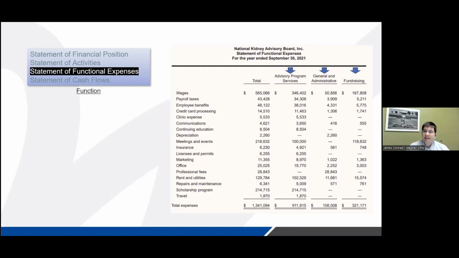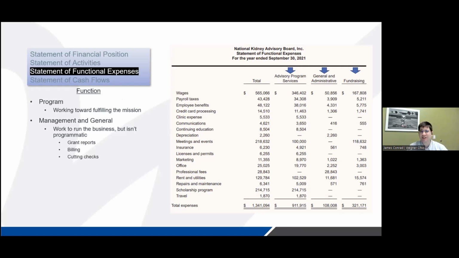So for these, you're going to have a function acting as the column. So it's going to be breaking down those big buckets we had before: the program expenses, which are what you spend on fulfilling your mission; the management and general, which is work that's meant for the business, but it's not necessarily programmatic. It's going to be your billing, when you have to fill out grant reports, if you have to cut checks, anything like that.